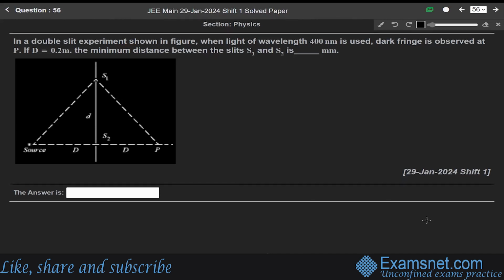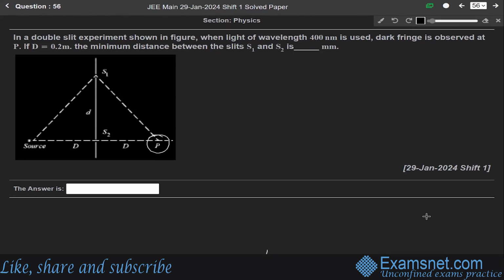So students, next question is question number 56. According to this question, in a double slit experiment shown in the figure, when light of wavelength 400 nanometer is used, a dark fringe is observed at point P. If D equals 0.2 meter, the minimum distance between the slits S1 and S2 is asked.